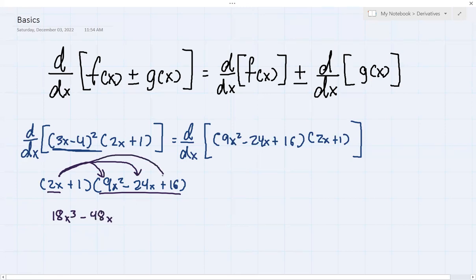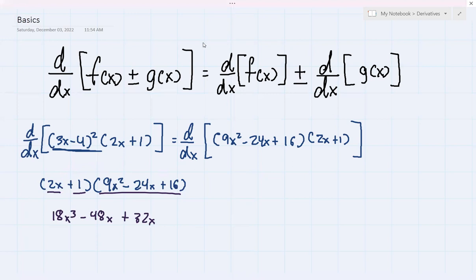The next, 2x times 16, magiging 32x. Okay? Next naman, si second term, si 1. Okay? And remember, as you proceed to the second term, saan tayo magsisimula? Sa ibabaw ng second term. Okay, sa ibabaw. So, 1 times 9x squared. So, meron tayong 9x squared.